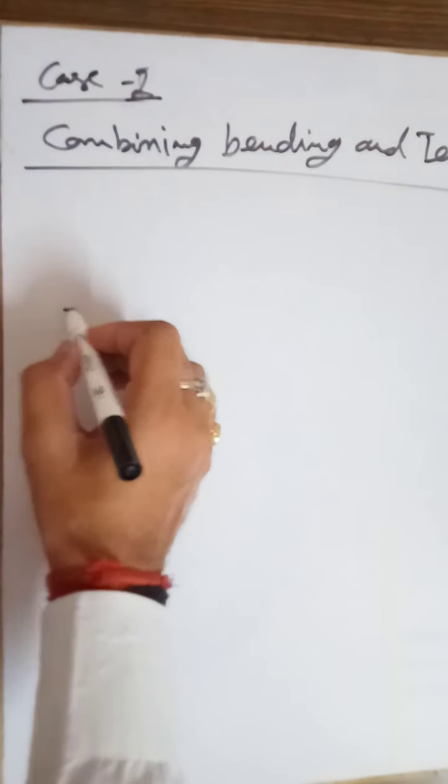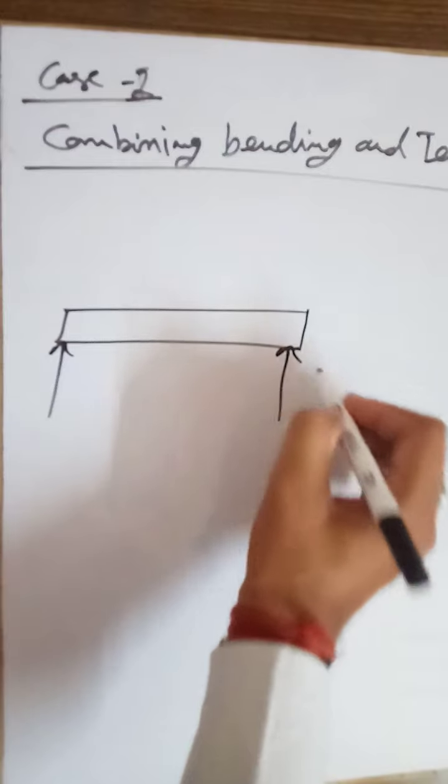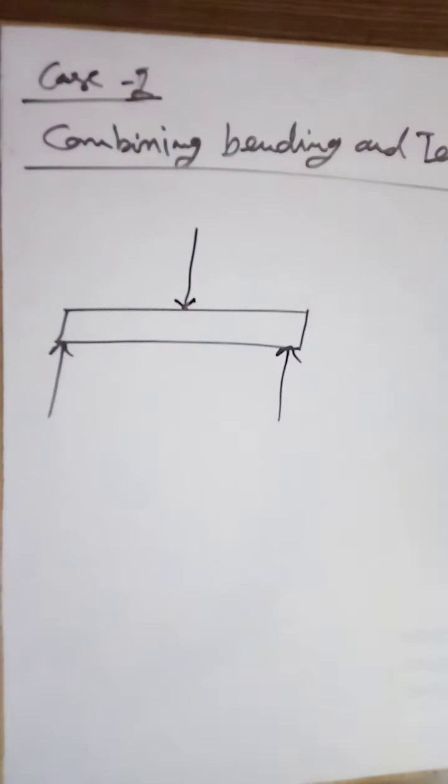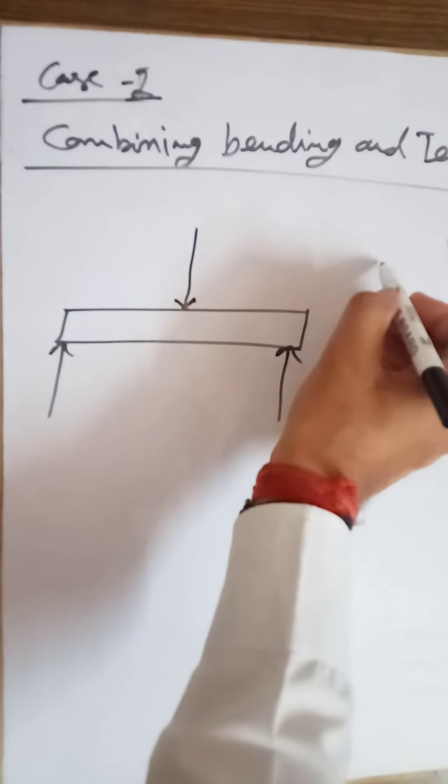To understand this, let's say here is a beam, and as in our earlier discussion, you know about the supports and the load which is applied. These axial stresses can be algebraically added to the other tension and compression. Here you may see that there are tension and compression stresses acting along the axis of the beam.